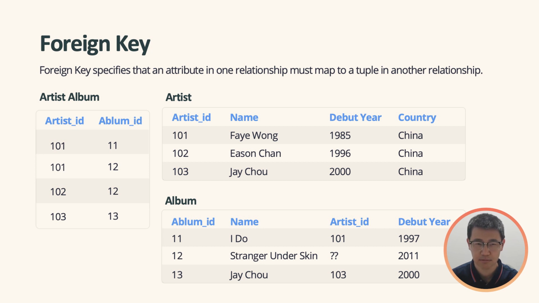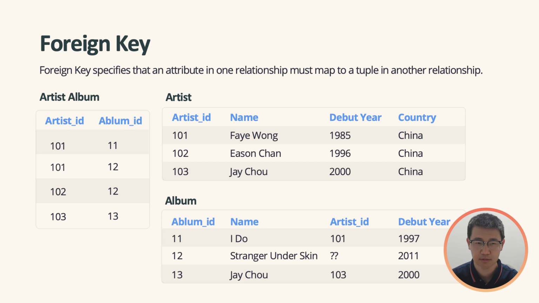This makes it difficult to ensure the uniqueness and validity of just one album ID, such as having both 101 and 102. To solve this, we create a mapping table between artist and album, which contains two keys.